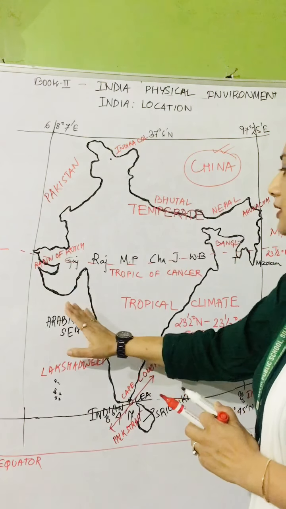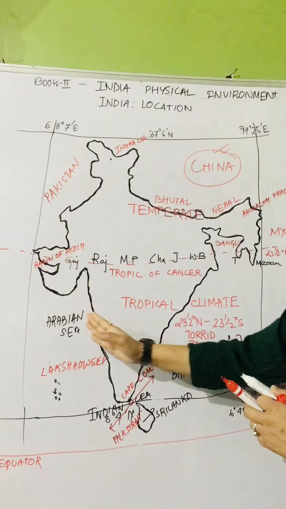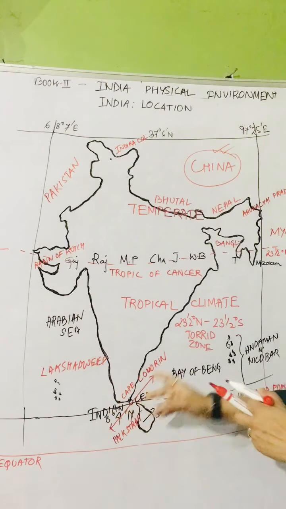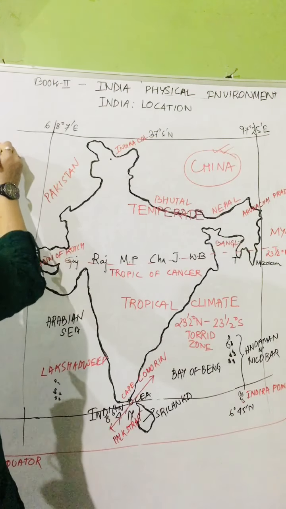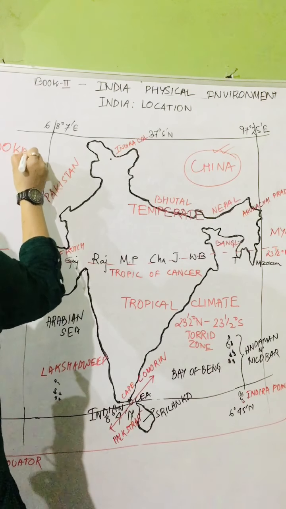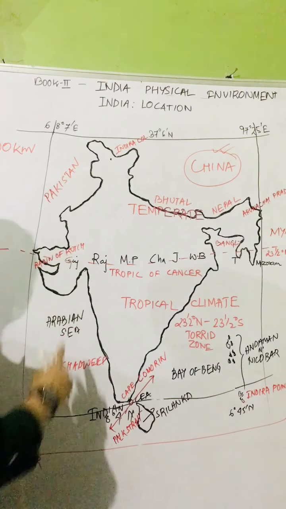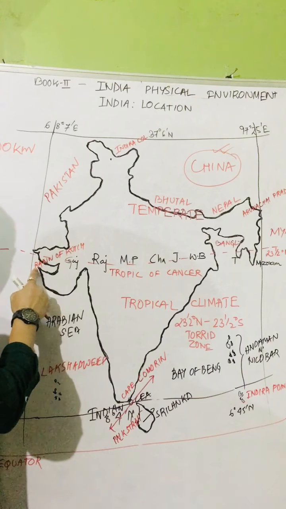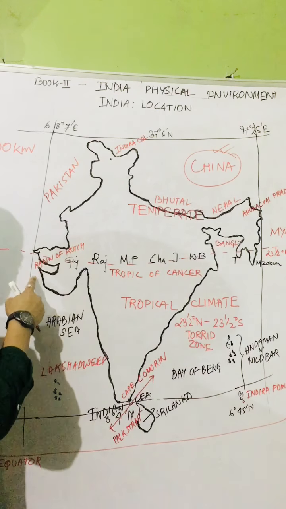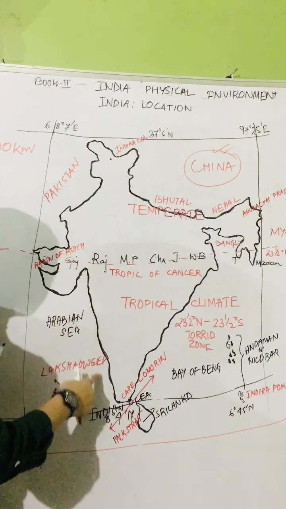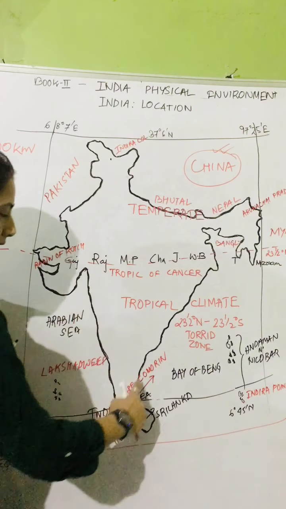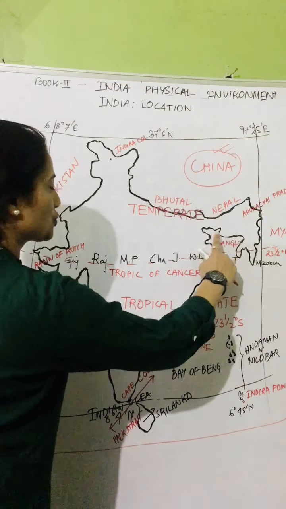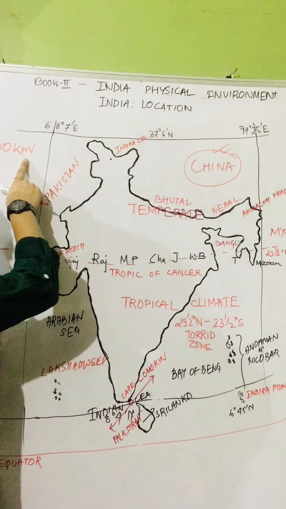Now let's talk about our territorial waters. We all know that India has a coastline of 6,100 kilometers with its mainland. When we talk about the mainland, it means we are starting from here in Gujarat, that is the Rann of Kutch, Gulf of Khambhat, continuously the western coast, then the eastern coast, that is 6,100 kilometers.